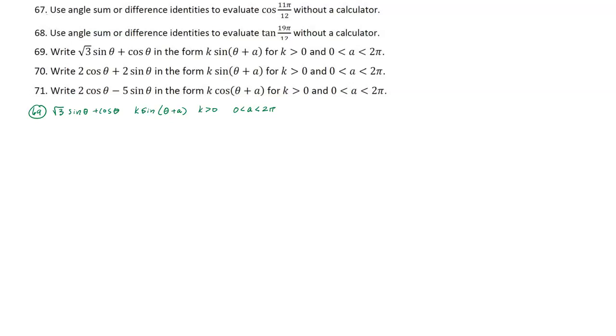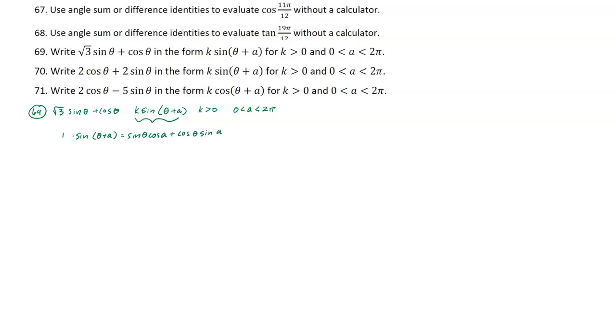Well, first, it gives you this right here. It gives you the formula for sine, the sum of sine. Okay, so if I take that, and if I just take theta plus a, and if I expand that out, it becomes sine of theta cosine of a plus cosine of theta and sine of a.